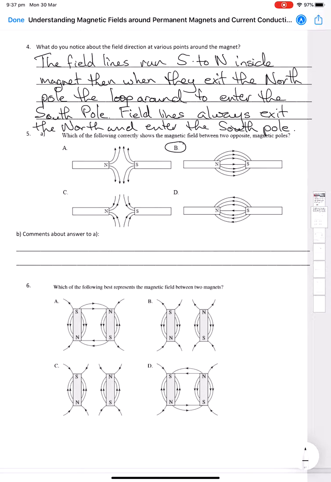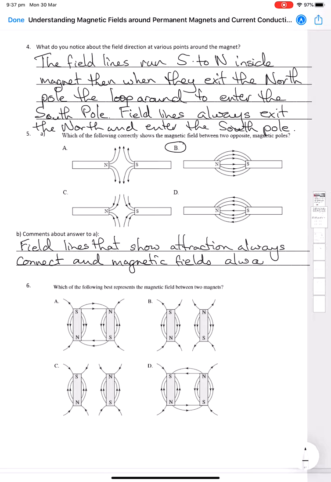Now, comment on your answer. Field lines that show attraction always connect, and magnetic fields always exit the North Pole and enter the South Pole.